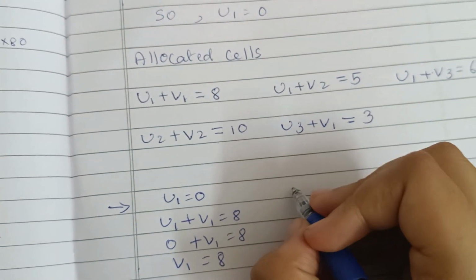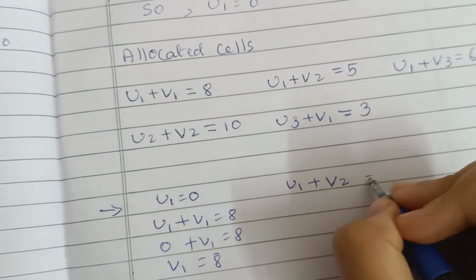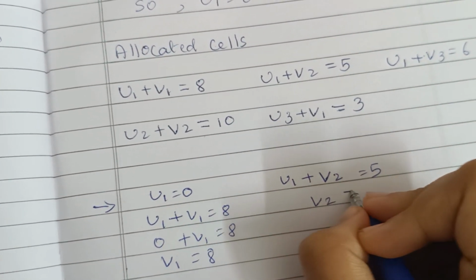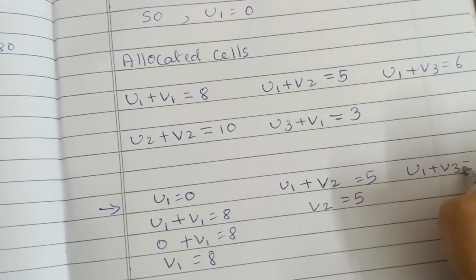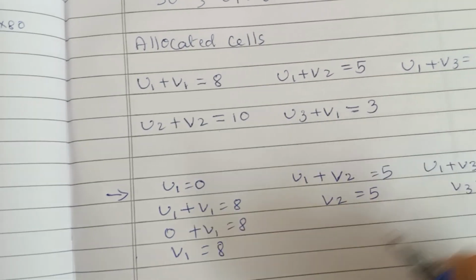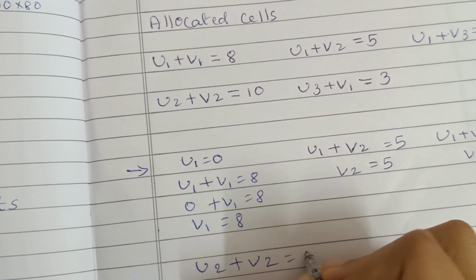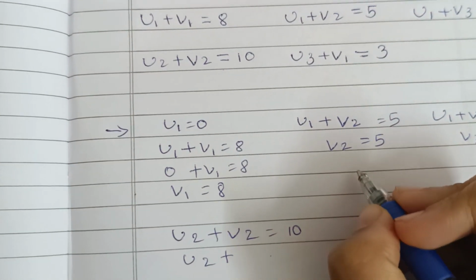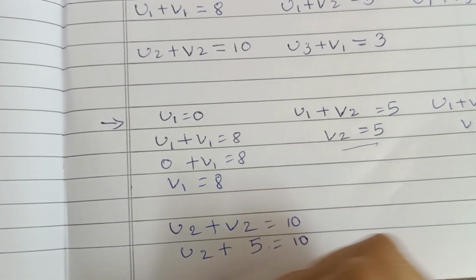Next, U1 plus V2 is equal to 5. So as U1 is 0, V2 becomes 5. U1 plus V3 is equal to 6. U1 is 0, so V3 is equal to 6. Solve for U2 plus V2 is equal to 10. V2 we got here as 5, so substitute here, is equal to 10.